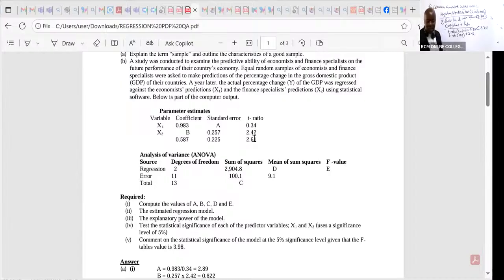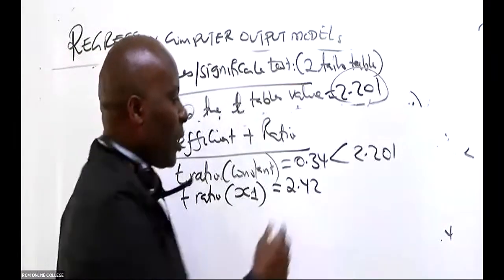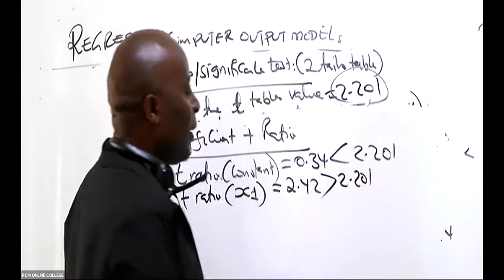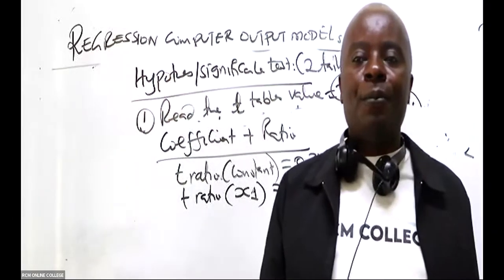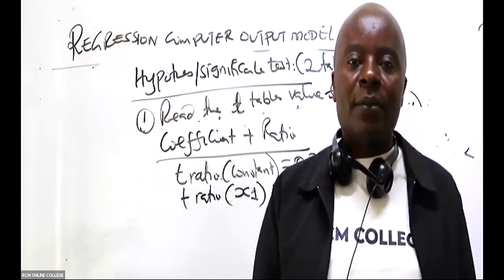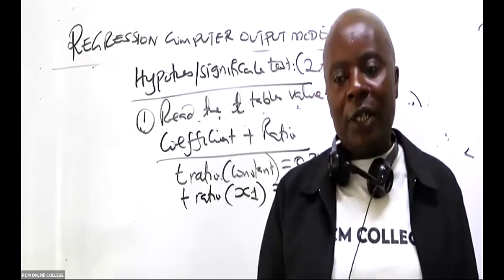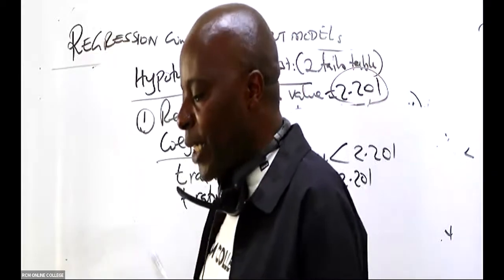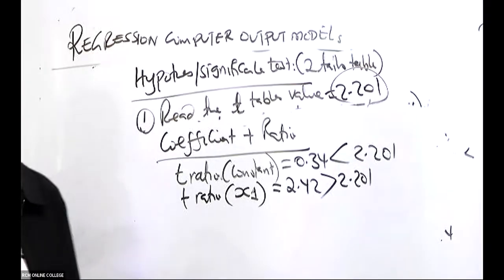This is greater than this 2.201. So meaning that X1 is significant. It's big enough. X1 is significant. It's good. It's a good predictor variable. Then we have the next T ratio.